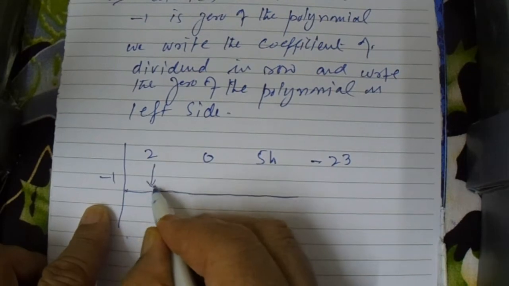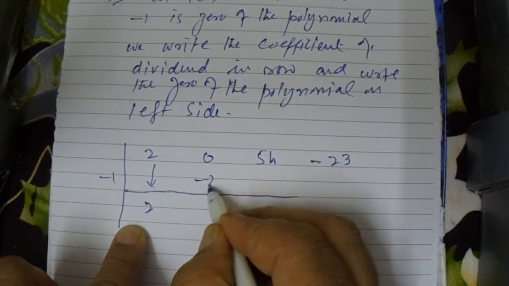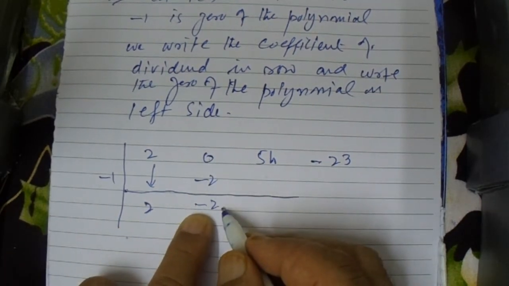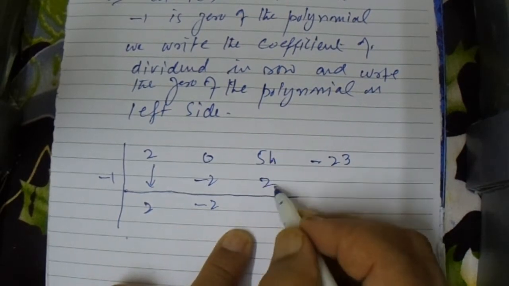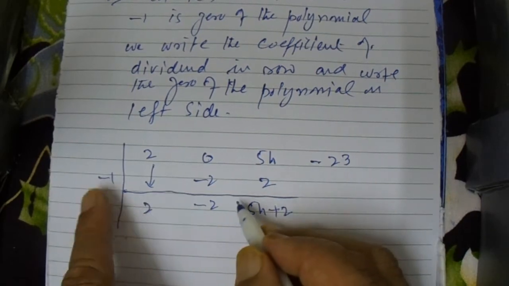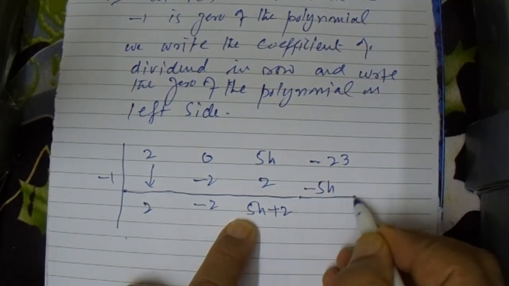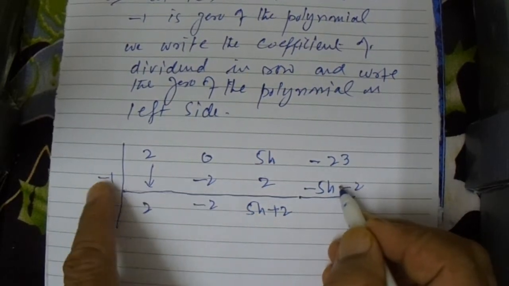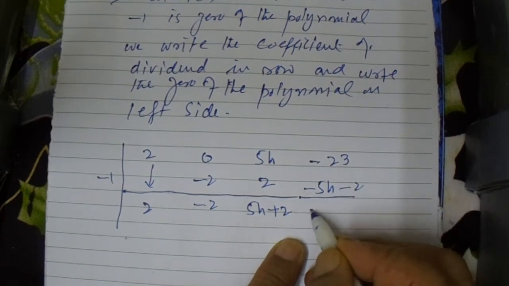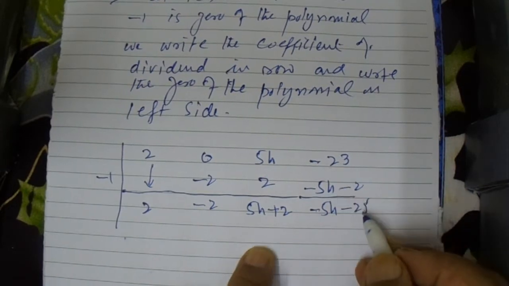Now same as 2 here. Minus 1 multiplied by 2 is minus 2, and we add this. Minus 1 multiplied by minus 2, we get 2, we add this, 5h plus 2. Again we multiply minus 1 with this, and add: minus 5h, minus 23 minus 2 is minus 25.